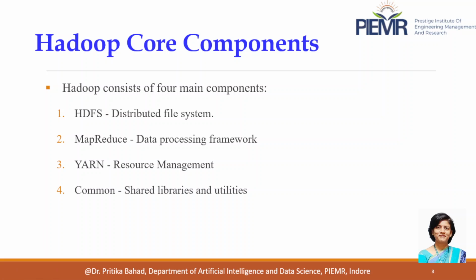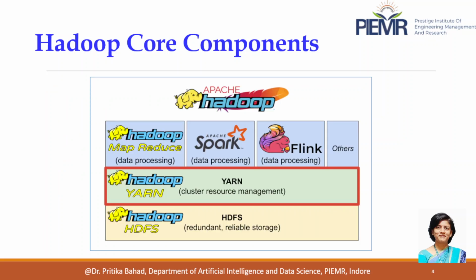YARN is resource management, and the common utilities that are shared by different components are considered as the fourth component. By this figure, it is apparent that Hadoop has three core components: HDFS, YARN, MapReduce, along with the common. The other components are the ecosystem components of Hadoop.